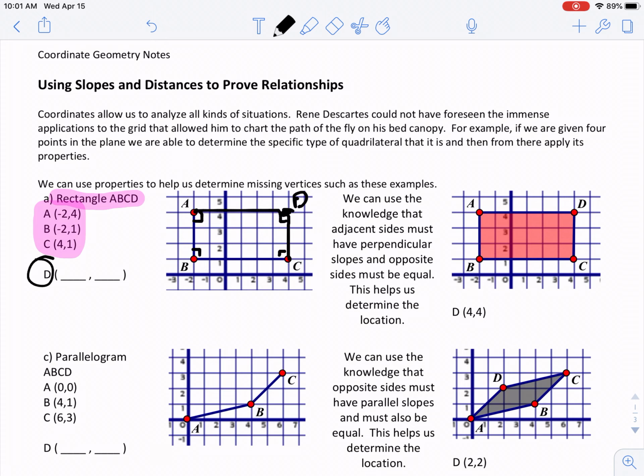Each rectangle will be a parallelogram, so you have to make sure A to B on this side is parallel with C to D on that side, and A to D up here is parallel to B to C down here. Since that's true, we know that's where D has to be for the shape to be a rectangle, and that is point 4, comma 4. That's how we do that one.